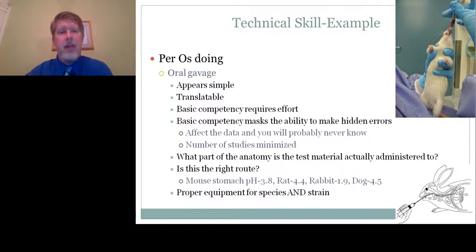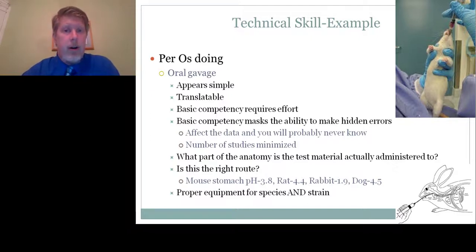You want the biggest bang for the buck with them, which is great, except it means that you're not going to have lots of studies. You may be making go, no-go decisions on these studies or on these compounds with 1 or 2 studies. And if you do them poorly, you're going to make the wrong decision.